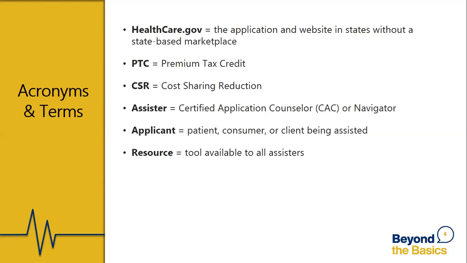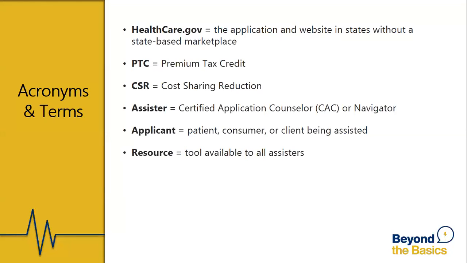PTC, of course, is going to apply to premium tax credit, the first piece of financial assistance people may or may not be eligible for. CSR, referring to cost sharing reductions, the other piece of financial assistance. I use assister usually kind of interchangeably with certified application counselor and or navigator.